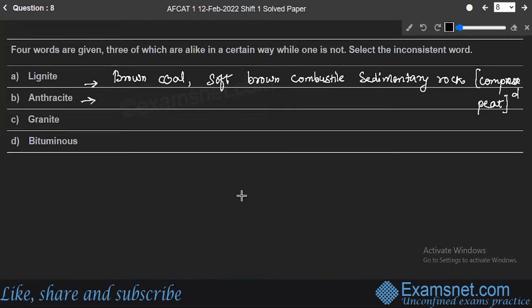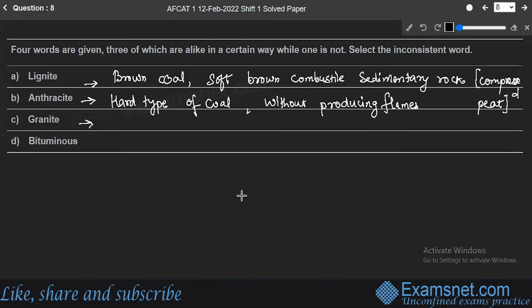Let's next talk about the next one, anthracite. It's a very hard type of coal that burns very slowly without reducing flames or smoke.